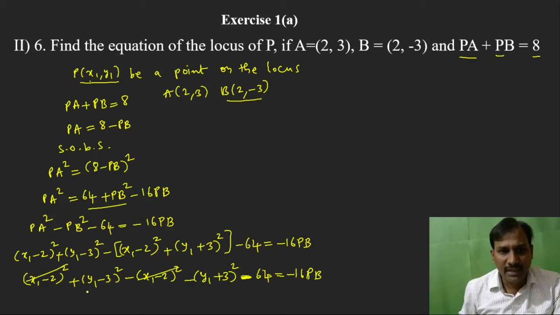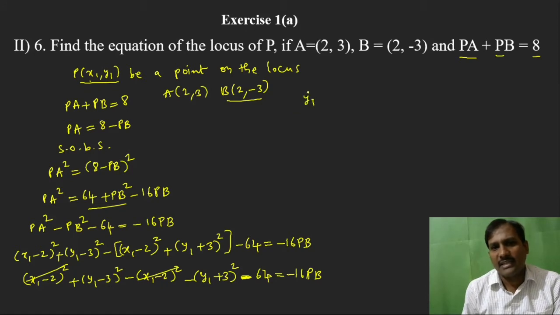So what is remaining now? (y1 minus 3) whole square. So let us expand this. y1 square minus 6y1 plus 9 minus (y1 plus 3) whole square, that is y1 square plus 6y1 plus 9, minus 64 is equal to minus 16 PB.